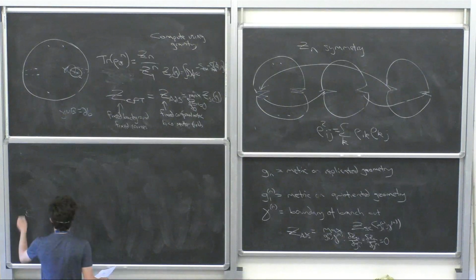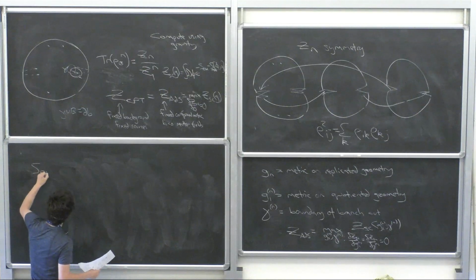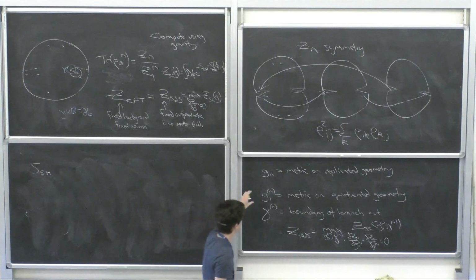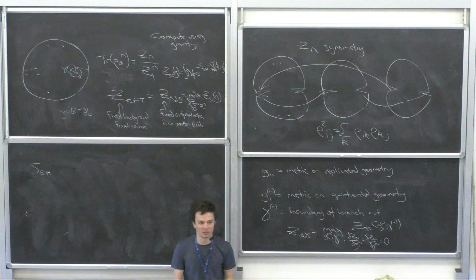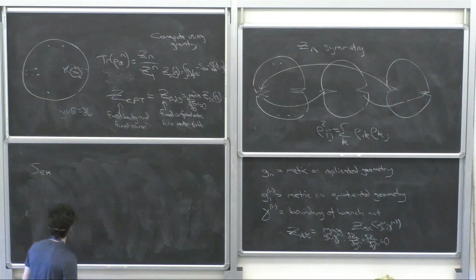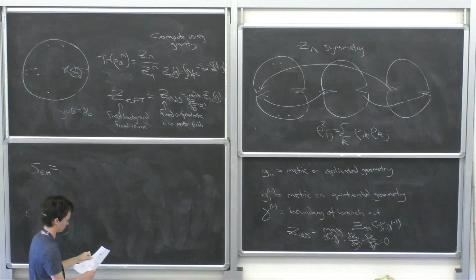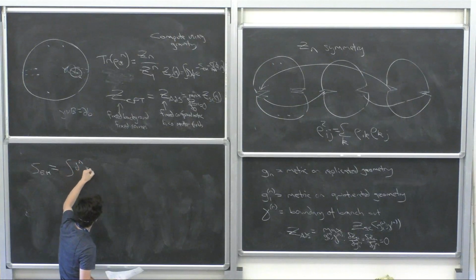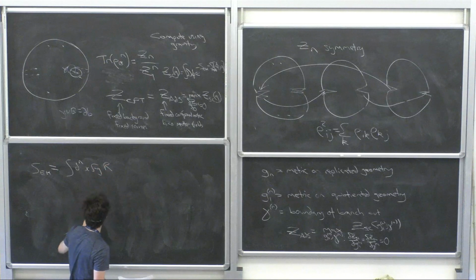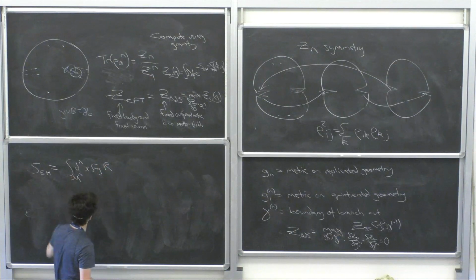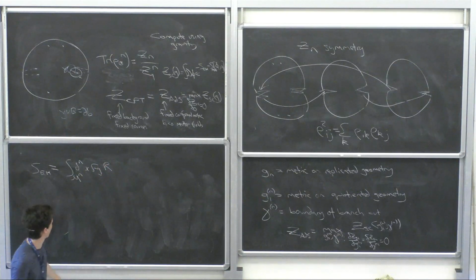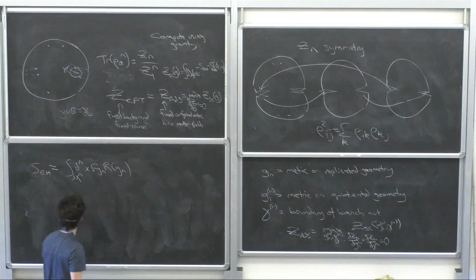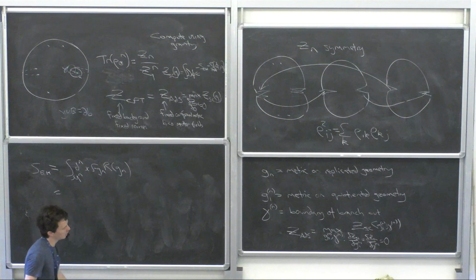So the first thing we want to do is write the Einstein-Hilbert action in terms of G_1^n and gamma_n. Okay? So the Einstein-Hilbert action is just the integral of d^n x square root minus g of R on this full n-fold replicated geometry, where this is G_n and this depends on G_n.